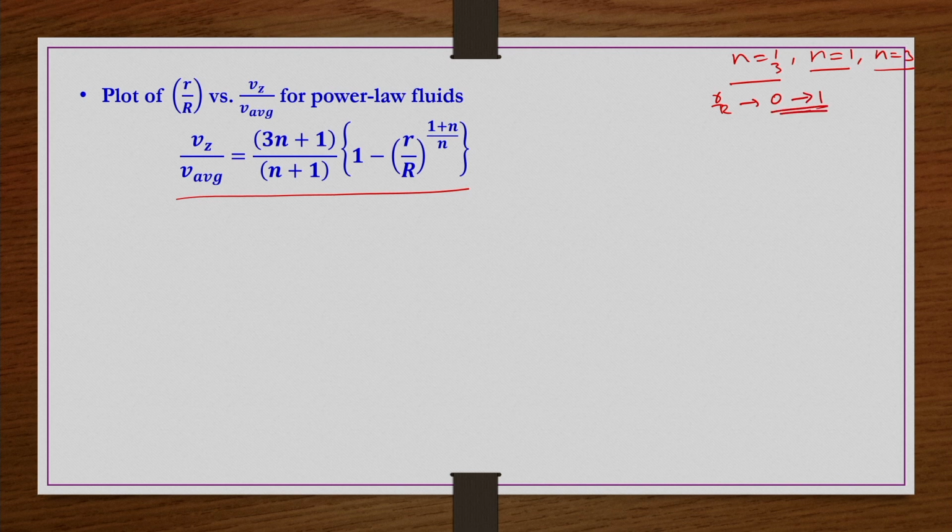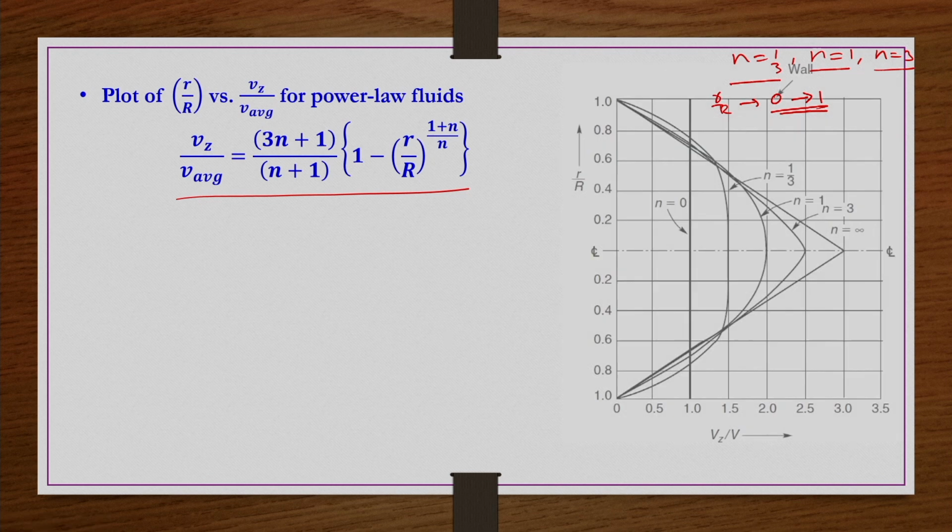Because r by R is the radial coordinate divided by the radius of the tube, the maximum value of r by R is going to be 1 only. So between 0 and 1 you take different values of r by R for each n value, find the values, tabulate them, and then plot them. Let us say r by R is equal to 0 and n is equal to 1.